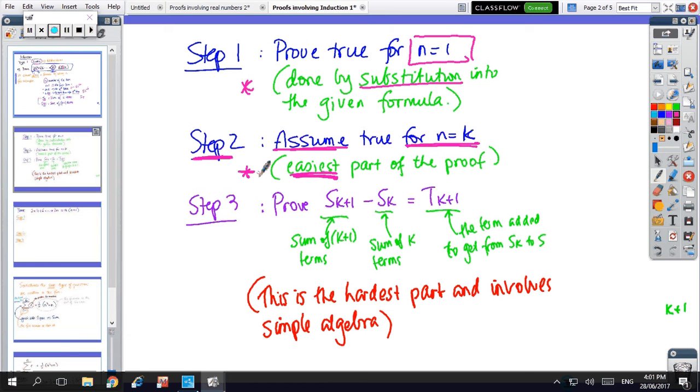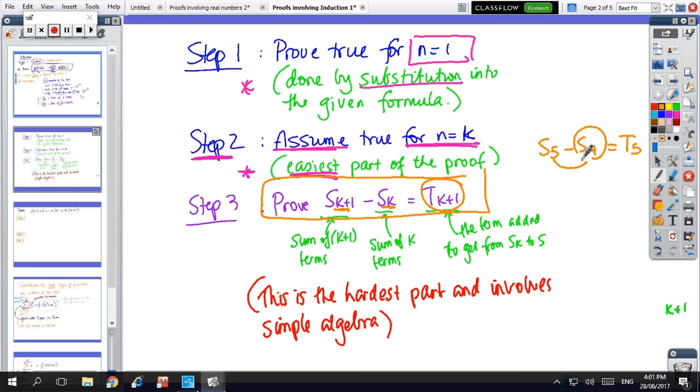And what we have to prove for any formula is that the sum of k plus 1 terms minus the sum of k terms is the term that we added. So for instance, again, we're not using particular numbers, but if we have S5 minus S4, the difference between those must be the term that you added to go from S4 to S5.